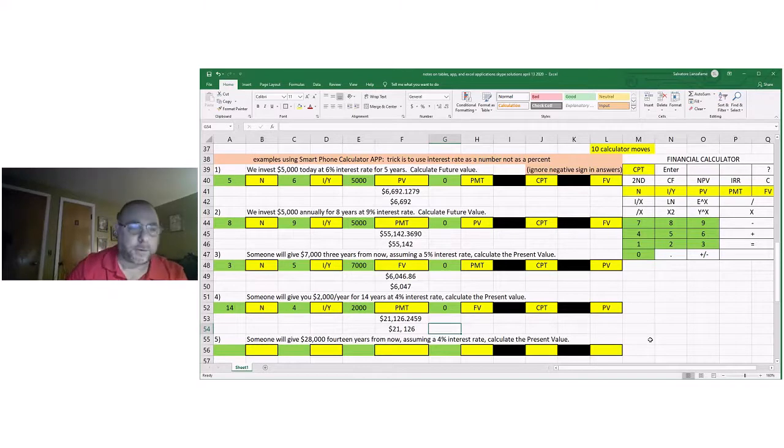Okay, if I didn't give you enough time, pause the recording and keep working on it. In the meantime, what you should have done was, how many periods did we have? 14, so 14N. We have an interest rate of 4%.